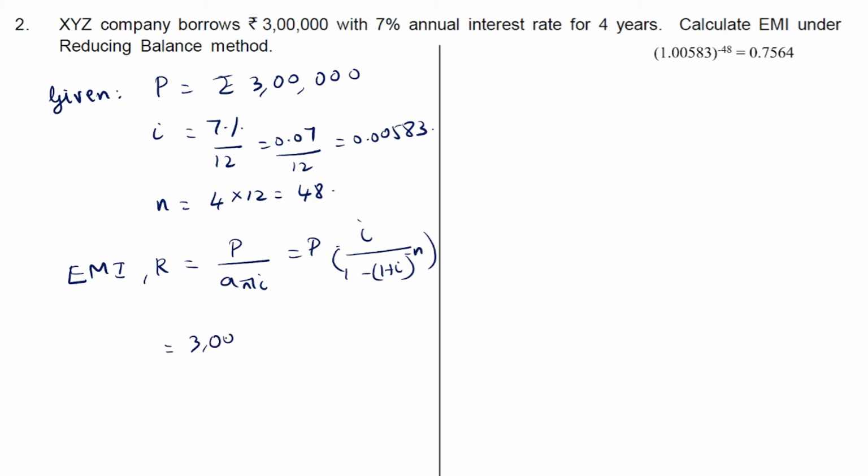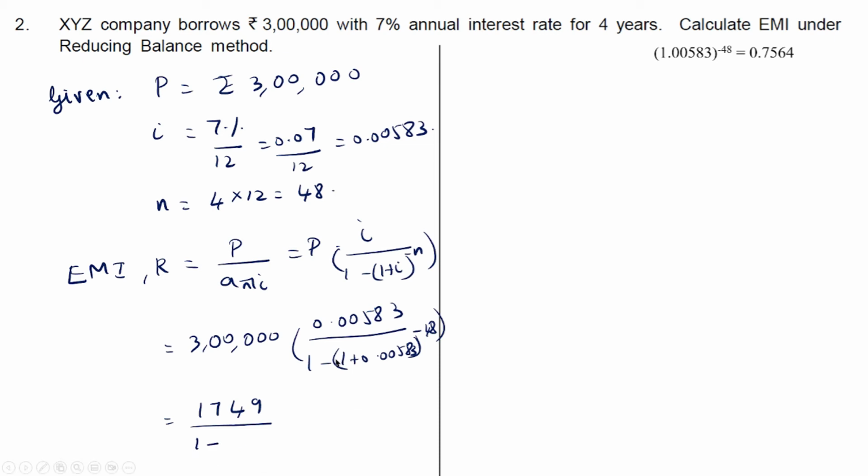P is 3 lakhs, I is 0.00583, upon 1 minus 1 plus 0.00583 the whole raised to minus 48. Now 3 lakhs into 0.00583 is 1749, upon 1 minus 1.00583 the whole raised to minus 48, which is 0.7564.